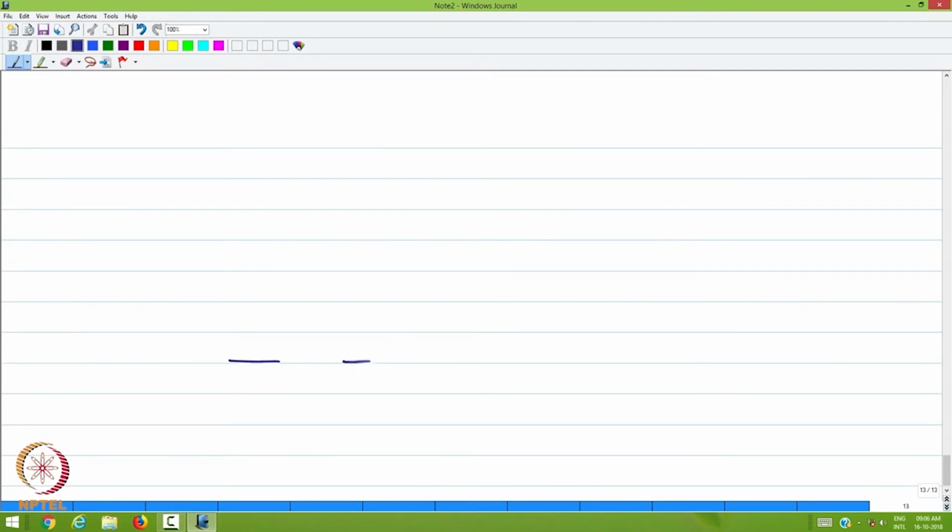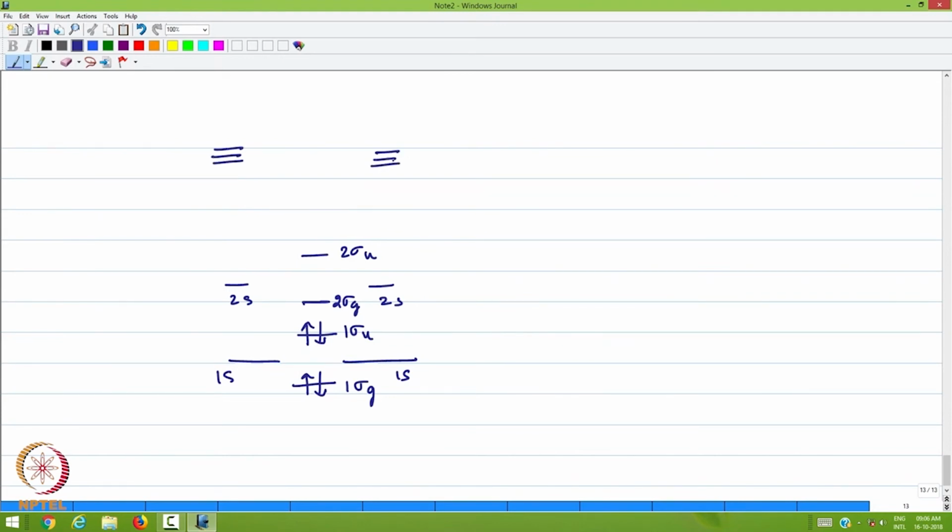Therefore, if you look at this, you have the 1 sigma u, 1 sigma g, this is 1s, then you have 2s, you have the 2 sigma g here, and you have the 2 sigma u, and in the case of the 2p orbitals, oxygen O2 is an 8 plus 8, 16 electron system, and we have already 8 electrons up to 2s, and then you have the sigma z, then you have the p.